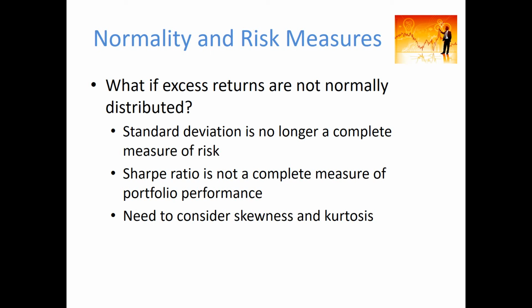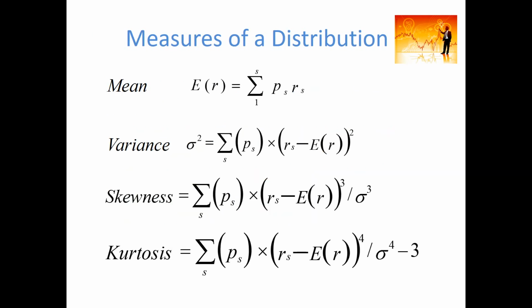Now, as we have previously discussed in our learning objective 1, if excess return is normally distributed, then portfolio management becomes easier, as half of the returns lie on the right hand side and half on the left hand side, so upside potential and downside risk are symmetric. However, if excess returns are not normally distributed, then apart from mean and variance, higher moments of the return distribution become relevant.